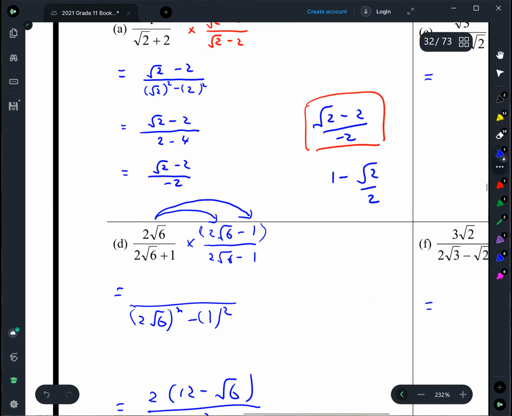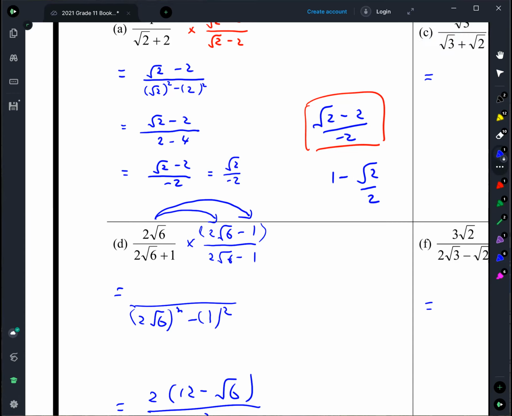But if you really want to reduce, then you can split the fraction. You have √2 divided by -2, and then the other one, -2 divided by -2, so that will give you +1.